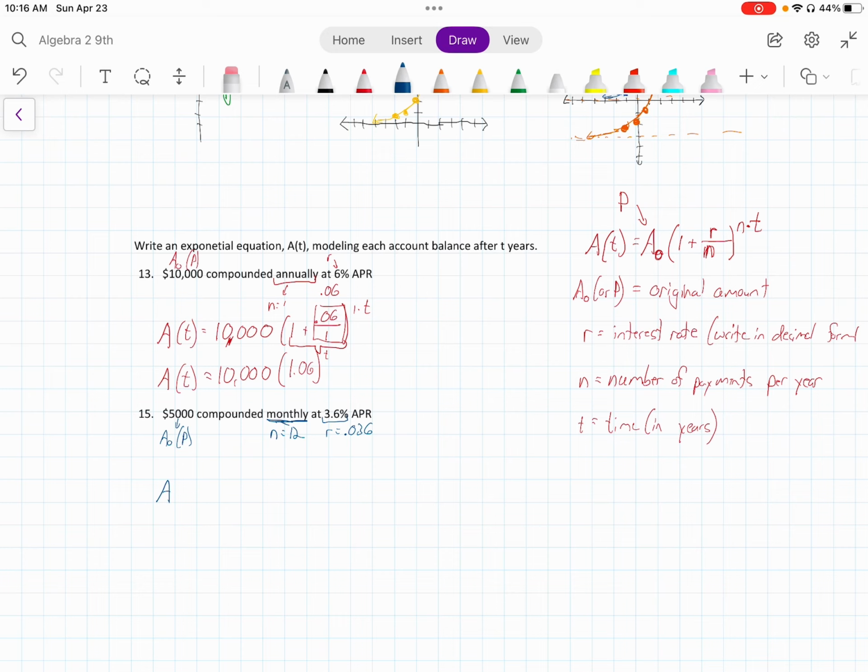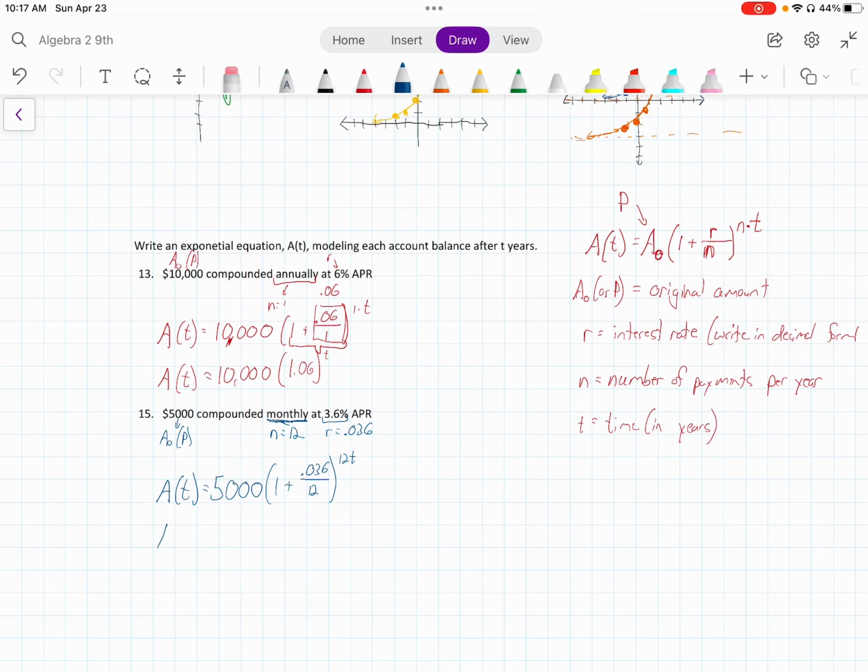And so we can just fill this in. A of t equals 5,000, our original amount, times 1 plus 0.036 over 12 to the 12t power.